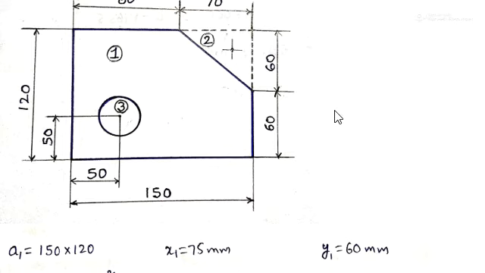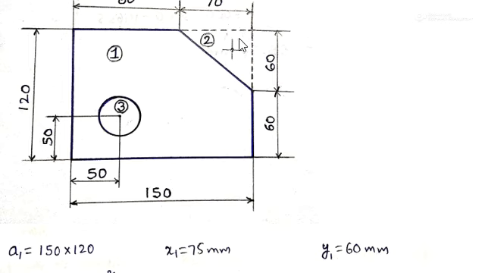Next is y2: the distance in the y direction from the bottom edge to this point.